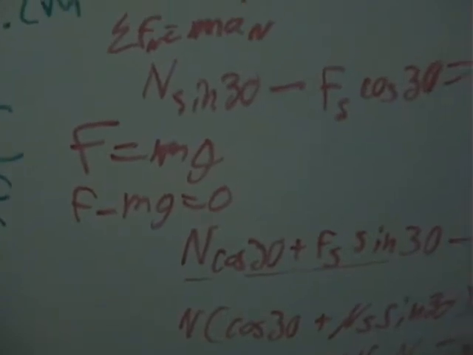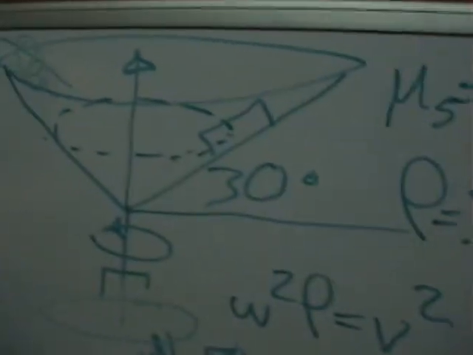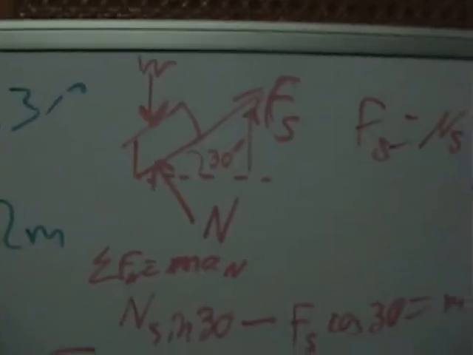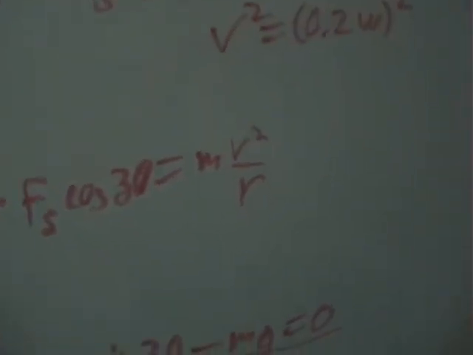So we have the normal force times sine of 30 degrees, which gives the horizontal portion of the normal force, minus F sub s cosine 30, again horizontal, equals mv squared over r, because normal acceleration is v squared over the radius rho.